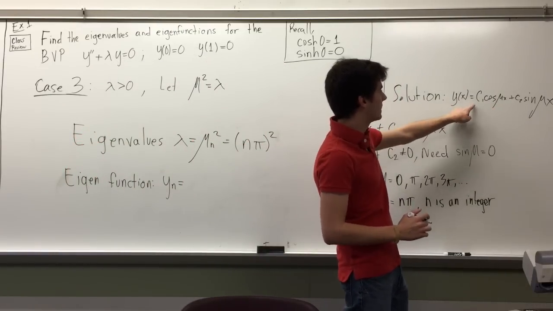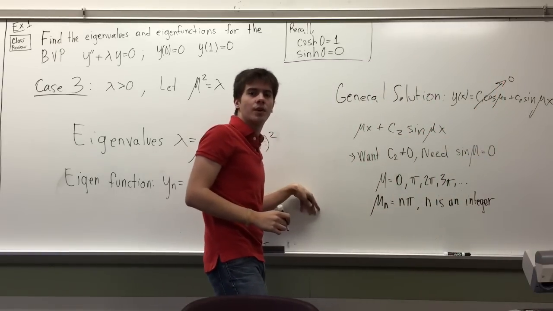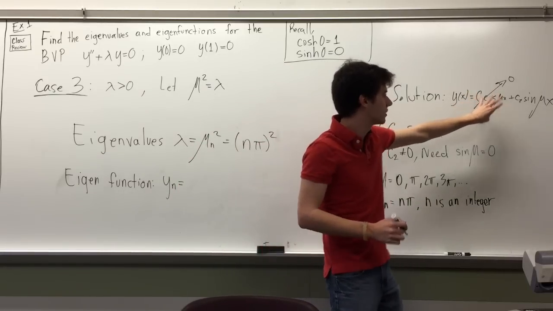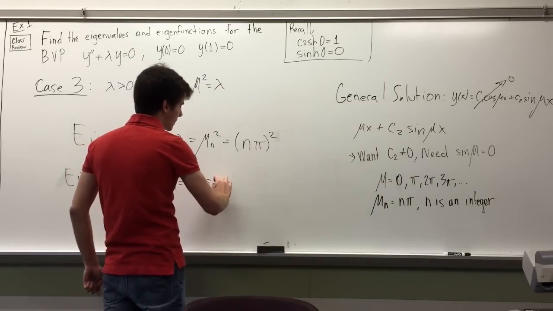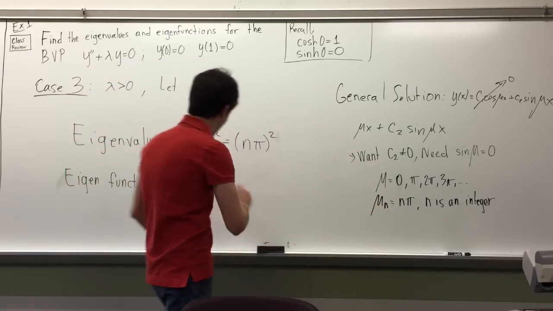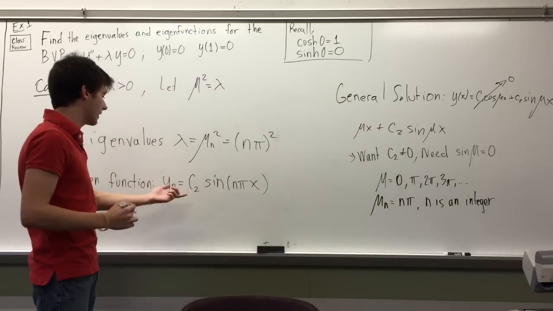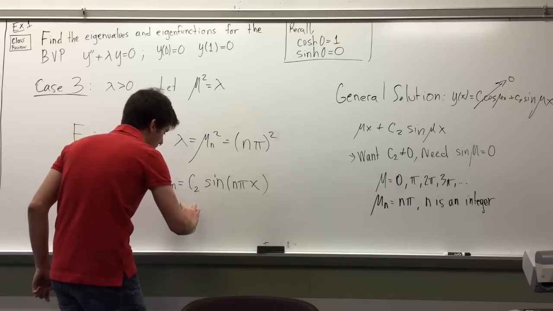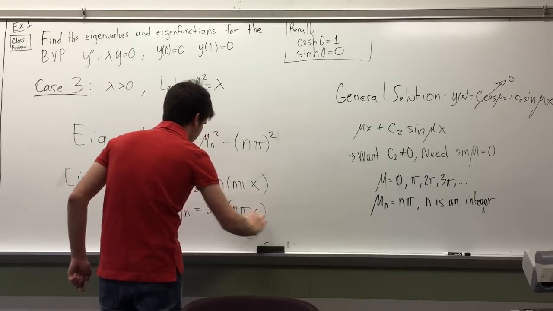But since we concluded that c1 is equal to 0, this term vanishes. So our solution is just c2 times sine of n pi x, and we don't need the c2 right here, so if you want, you could just write y of n is equal to sine of n pi x.